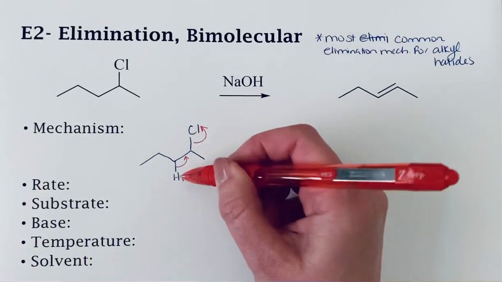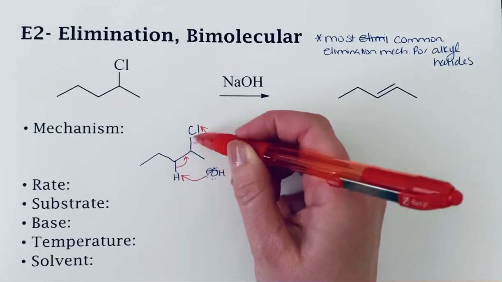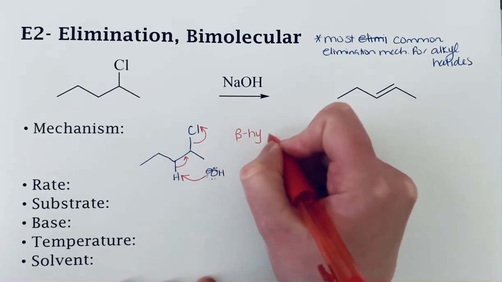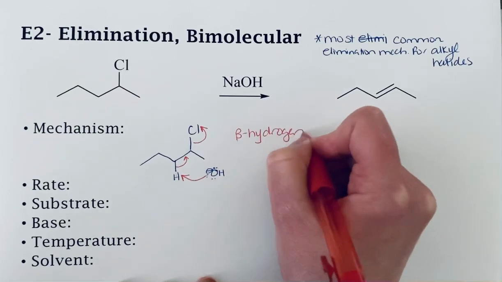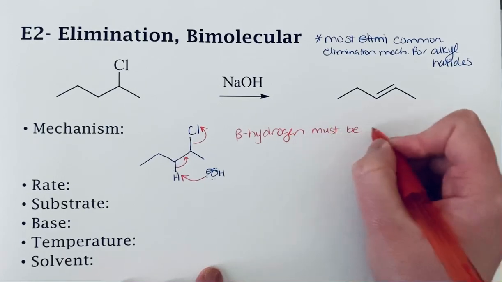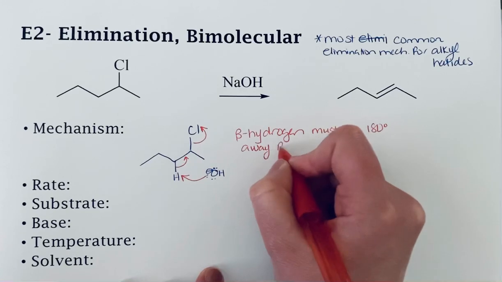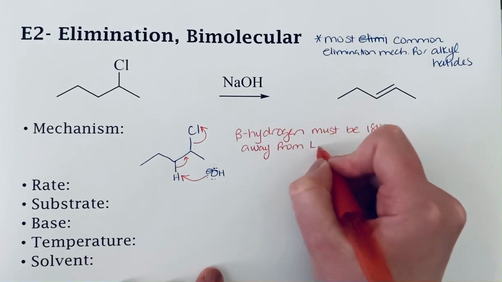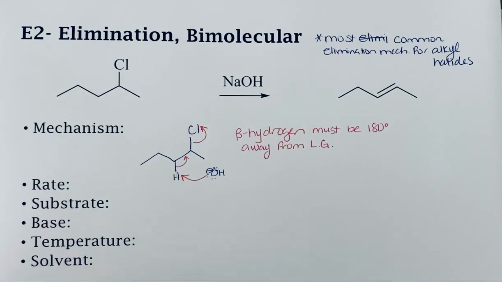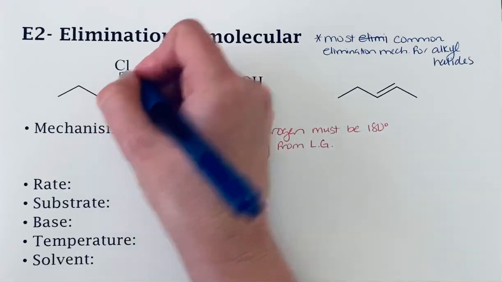And so we have some important constraints on where this hydrogen is and where the leaving group is. So the beta hydrogen that you're removing must be 180 degrees away from the leaving group. If we really wanted to represent that, let's pretend this had some stereochemistry.